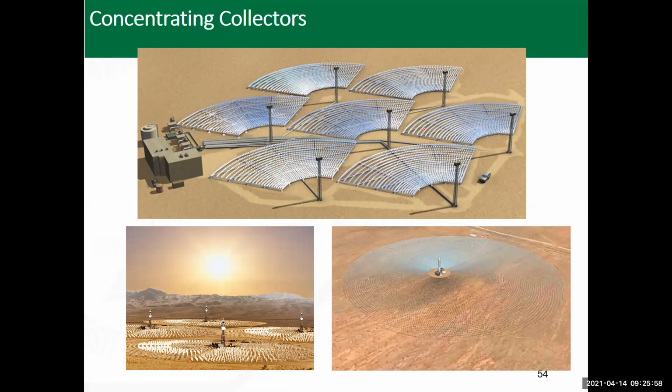So this tank is nothing but a boiler or a steam generator where steam is being formed, and the steam can be taken to run a turbine, and then you can generate electricity using this kind of arrangement. It can be given in the form of an arc like the upper figure, or in the lower figure, you can find that the mirrors are making a whole circle around the receiver here.